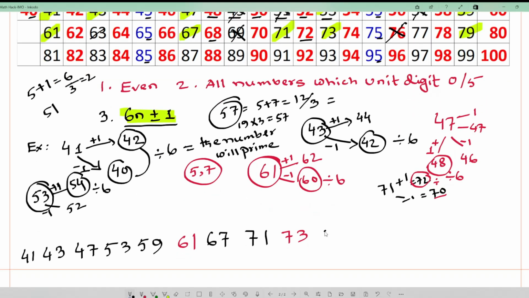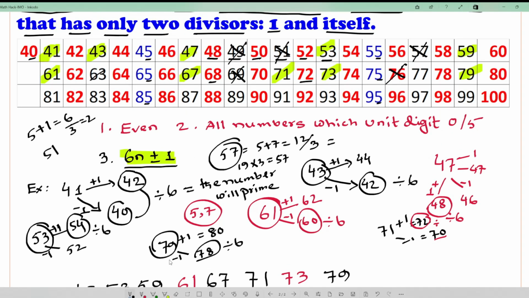So we can write 79. We can check this one. 79 plus 1 becomes 80, and 79 minus 1 becomes 78. 78 can be divided by 6. So 79 is a prime number.